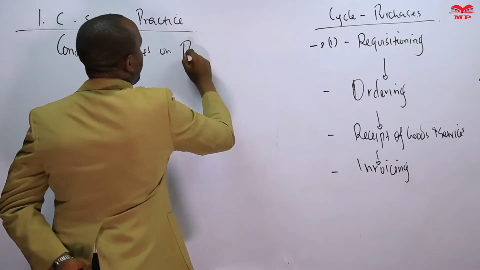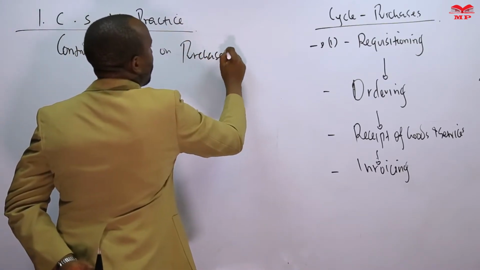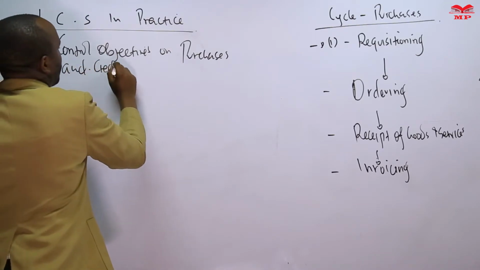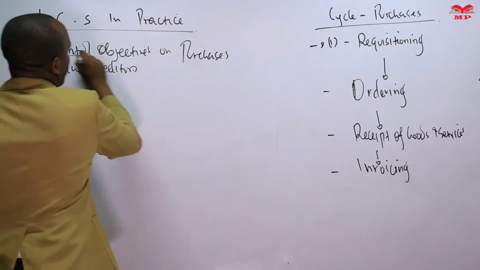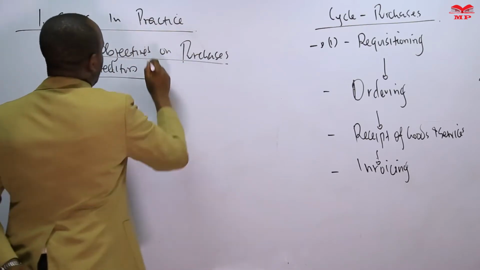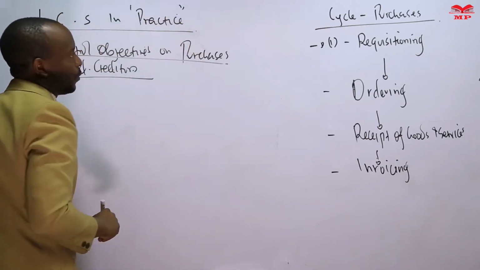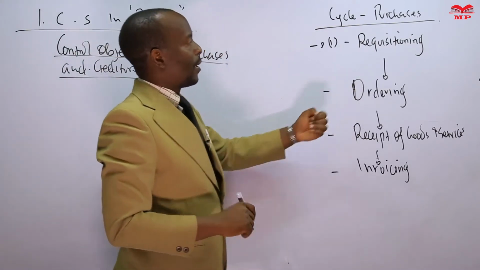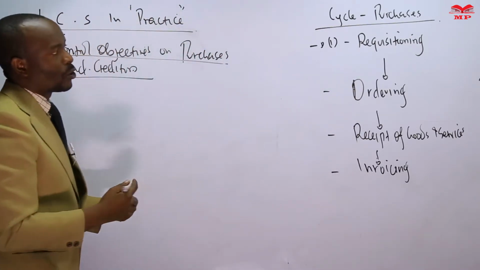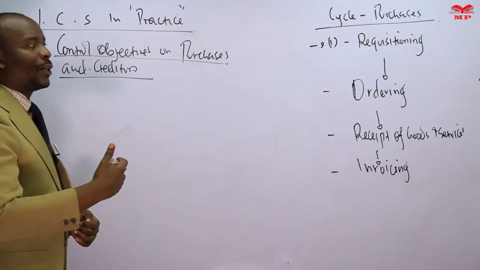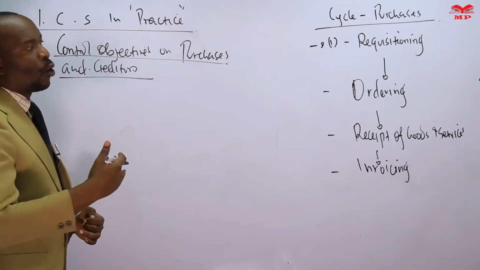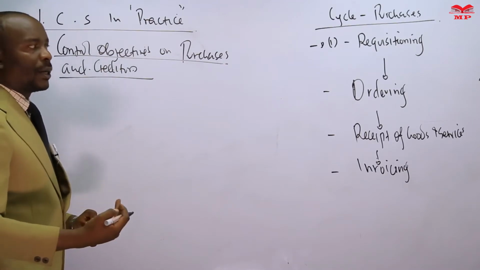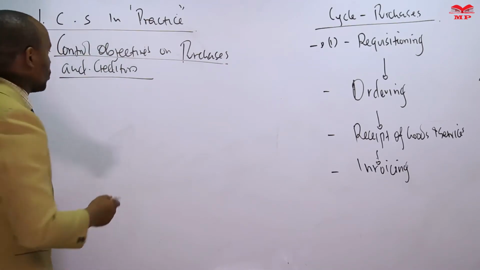On purchases and creditors, if you want to design your own objectives which are specific to that question, you can start with this particular point. You can say the reason why you want to introduce controls in purchases is to ensure that the goods that were ordered have been ordered using the right quantity, the right quality, and at the best price possible.